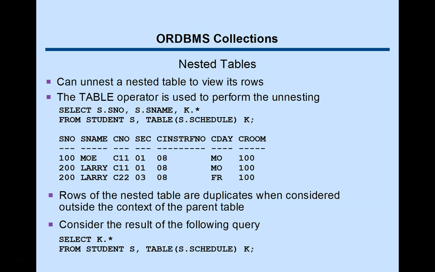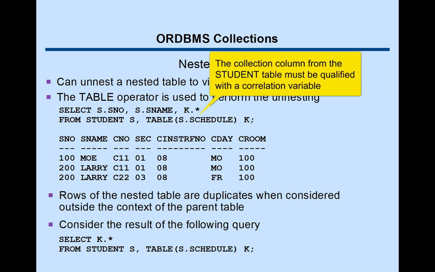The way we accomplish this is by extracting the collection content and then rendering it as a table and joining it with the table from which we extracted the data. So here we're selecting from the student table the schedule. Notice the use of the correlation variables.